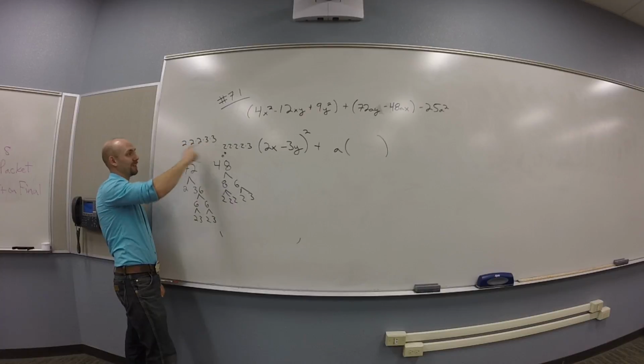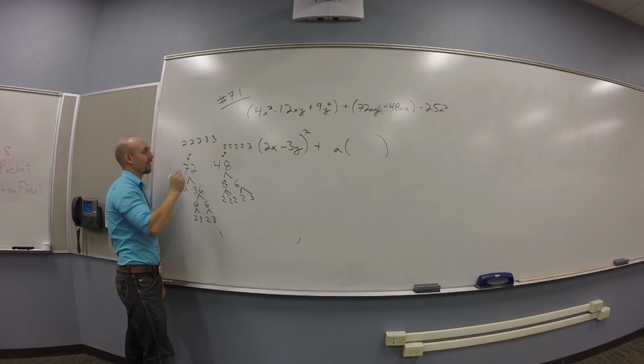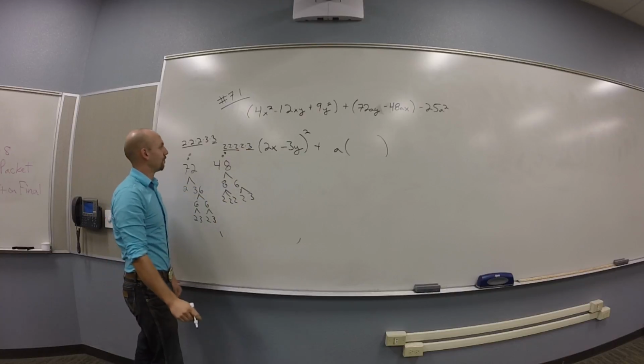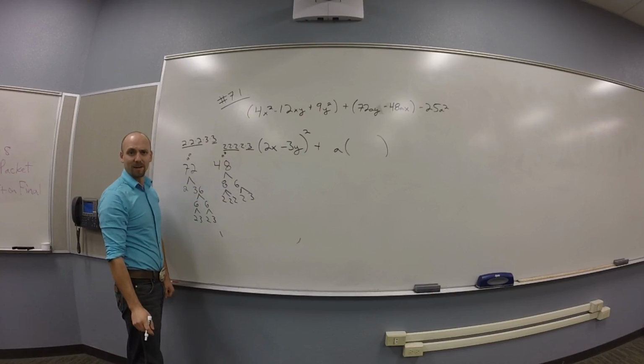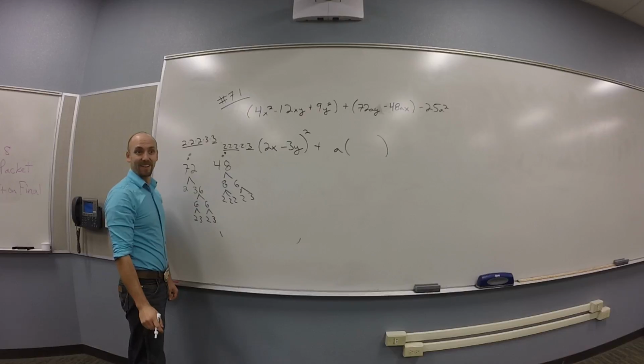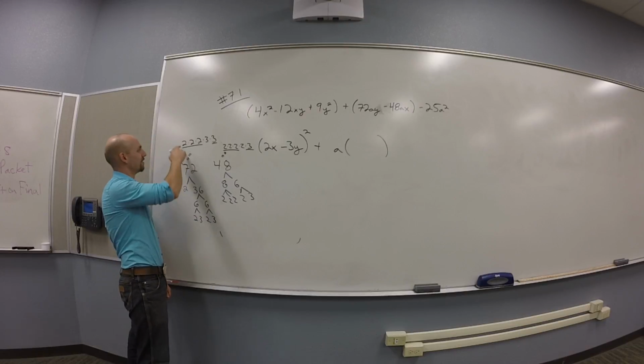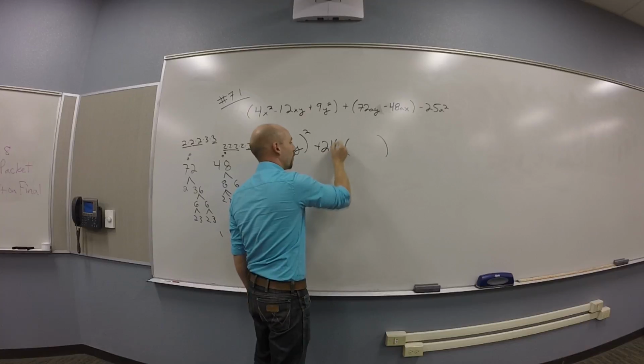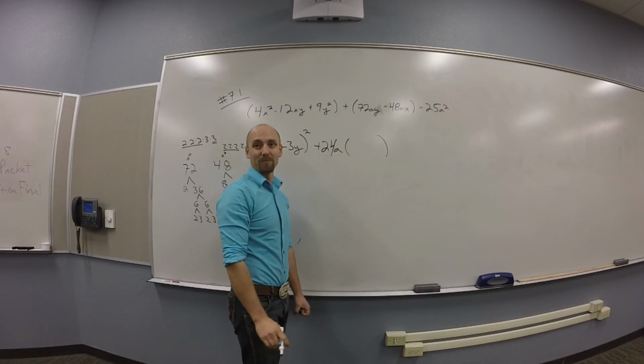And in common between these, there's three 2s and a 3. What's that multiplied together? 8 times 3, so 24. So I can factor a 24a out of this middle thing.